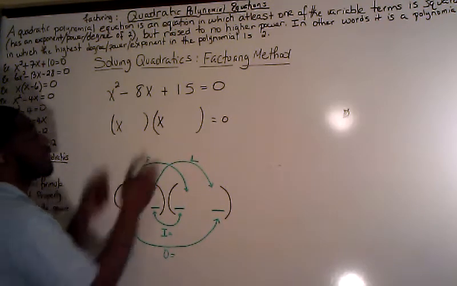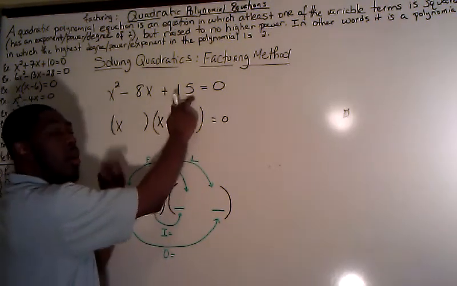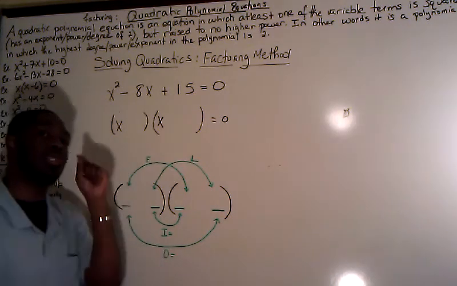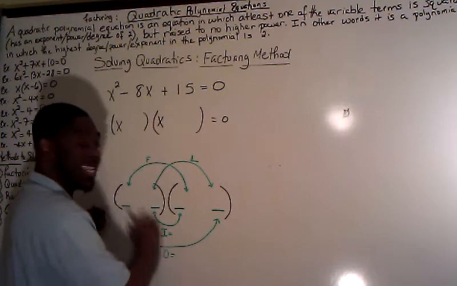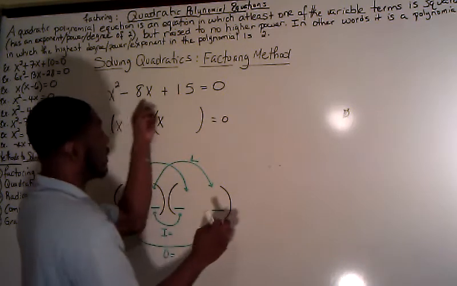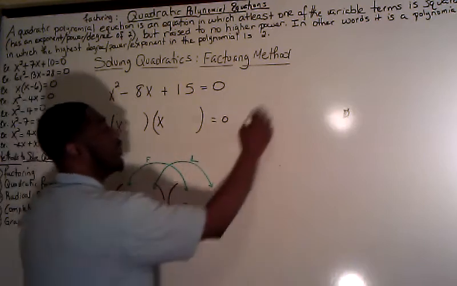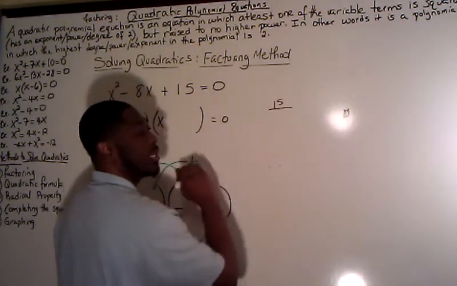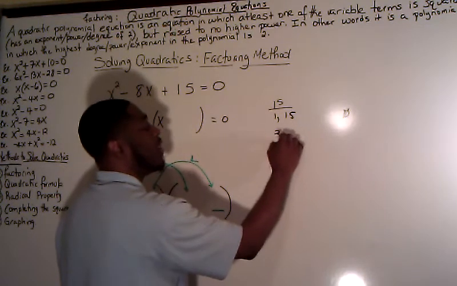The second term is a matter of finding factors of this number, but we want to choose the factors such that when we combine the products of outer and inner, that result gives us this middle term. So we know that 15 has a factorization of 1 and 15, and also 3 and 5.